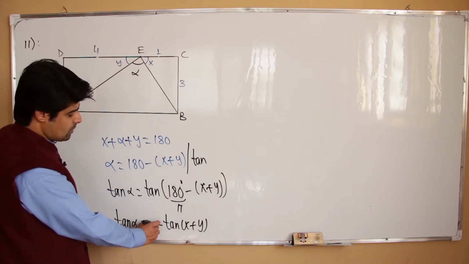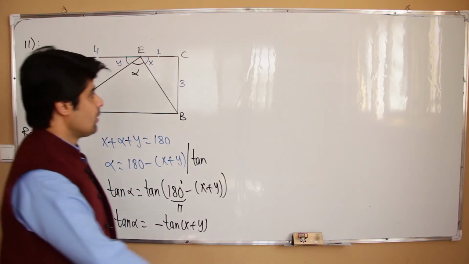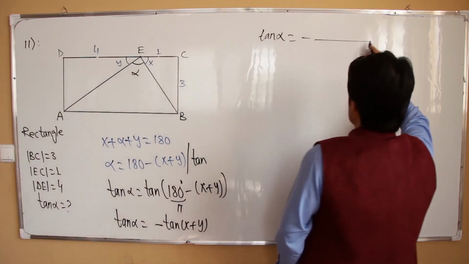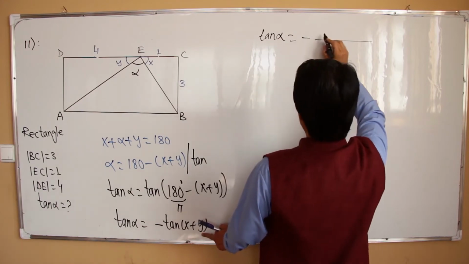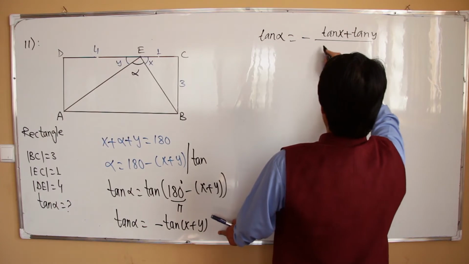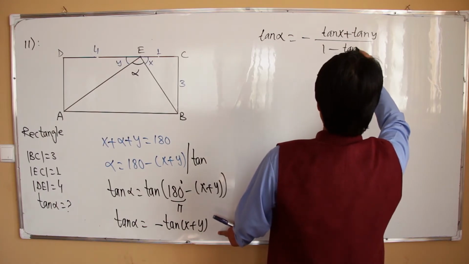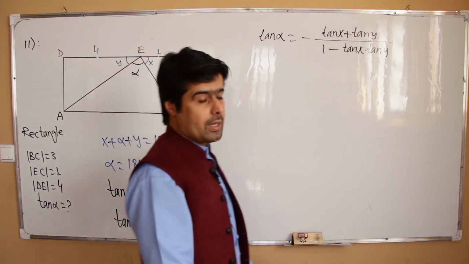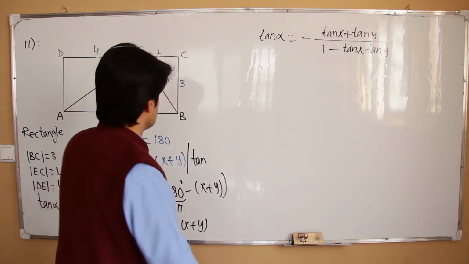Tangent in the second quadrant is negative. Now tangent of alpha is equal to negative, and you know the formula, tangent x plus tangent y over 1 minus tangent x times tangent y. Am I right? Yes.